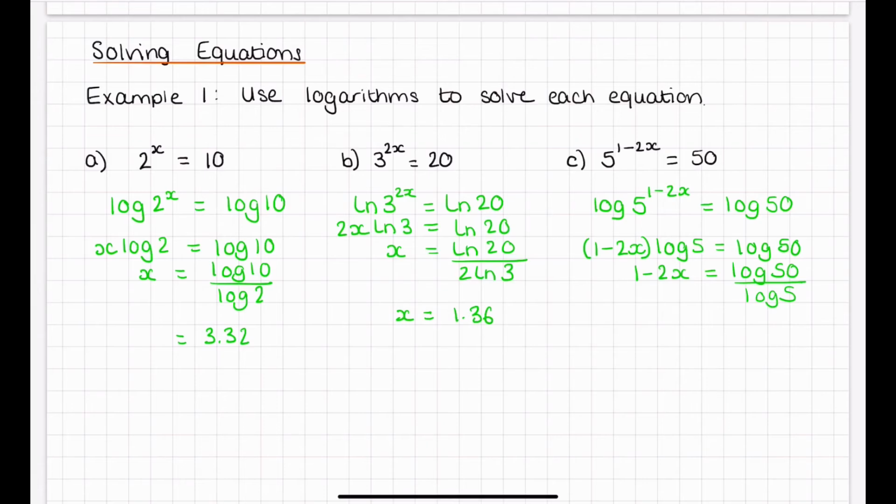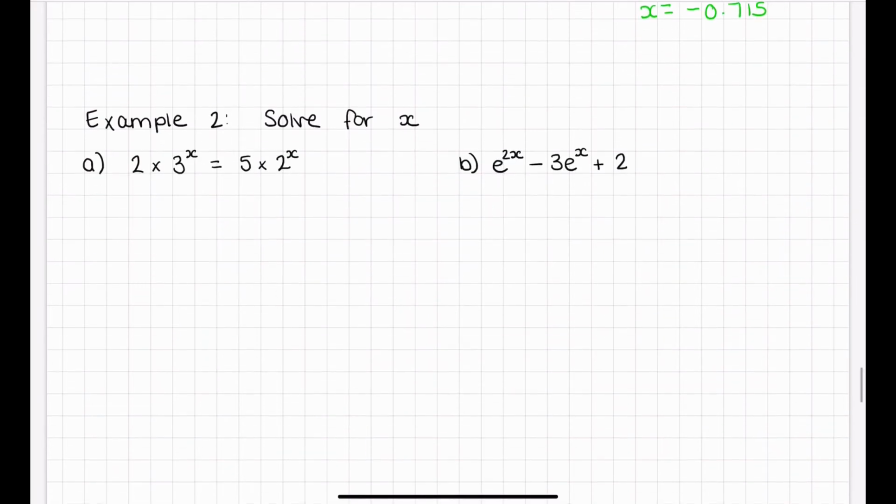We'll have minus 2x equals log 50 over log 5 minus 1. Then get rid of the negatives and divide by 2, so we get x equals negative a half times log 50 over log 5 minus 1. Put that straight into your calculator and we get that x equals negative 0.715.